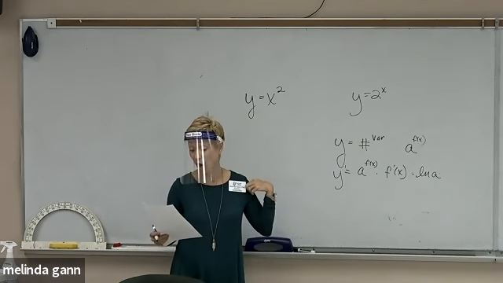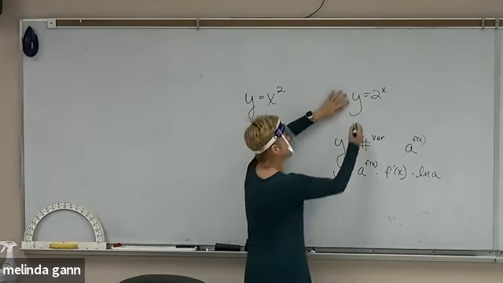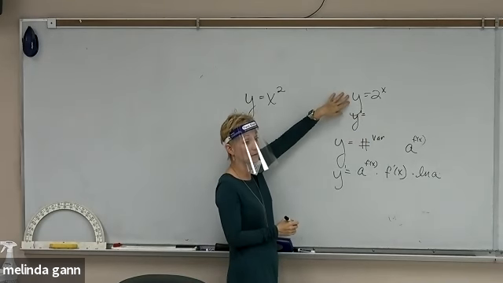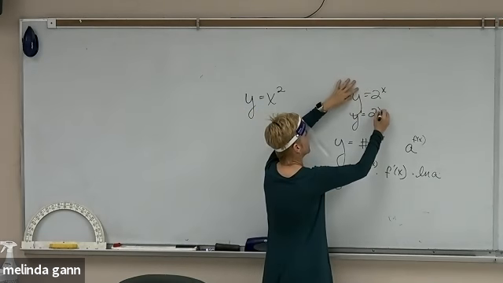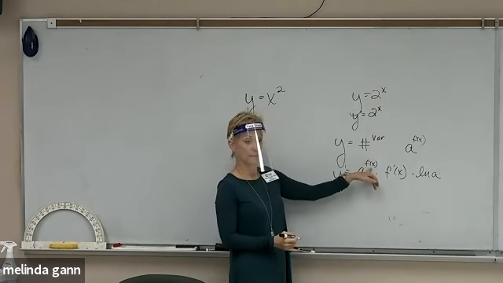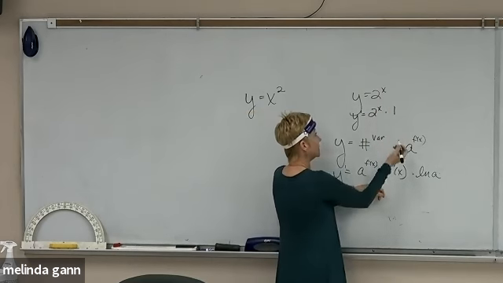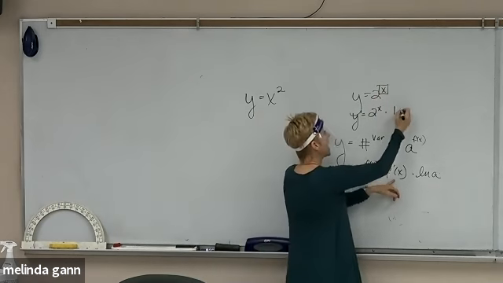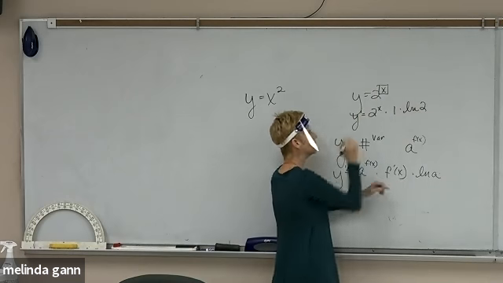So I've got to learn that formula. If I gave you this on a test and said, what's the derivative? What's the first thing I'm going to write down? 2 to the what? X. Times the derivative of the power, which is 1. Times the natural log of what? 2.